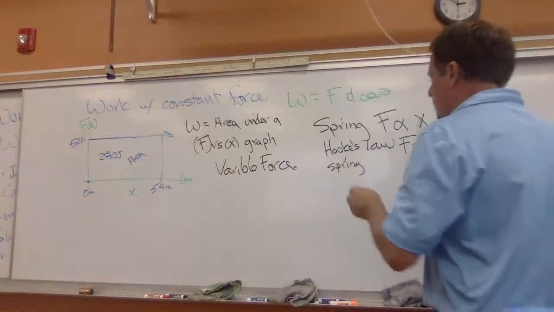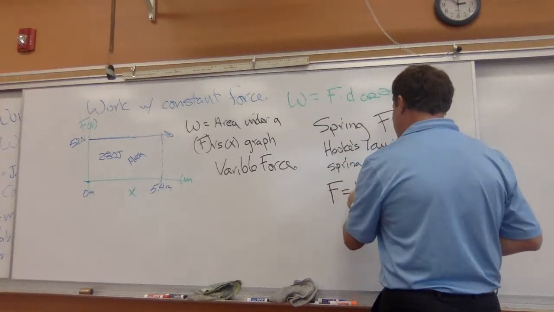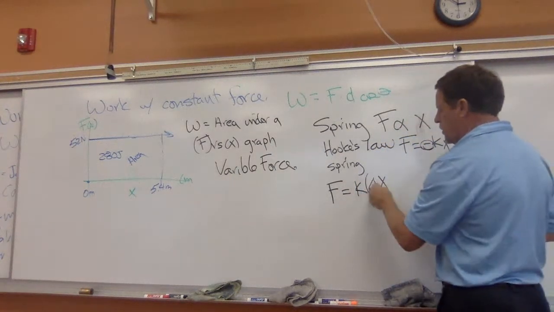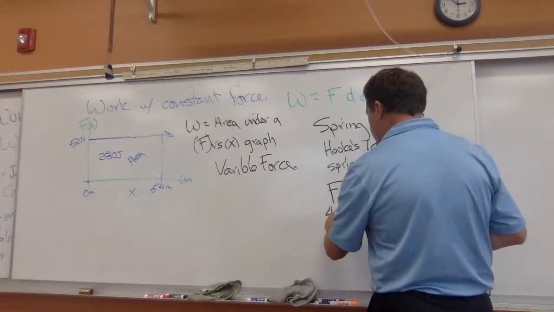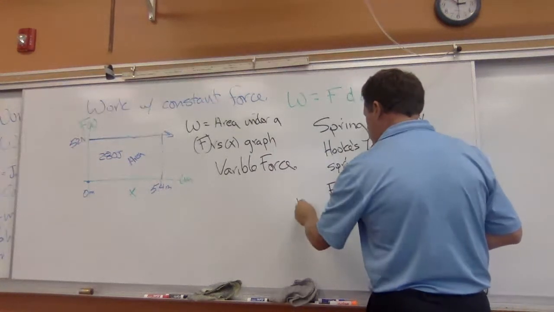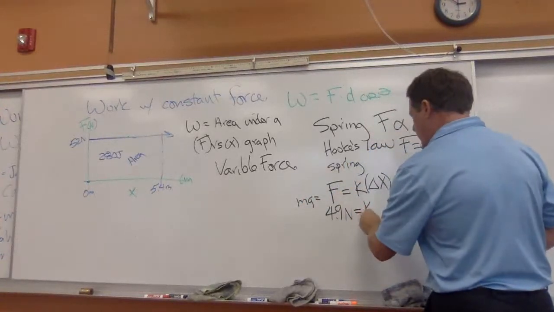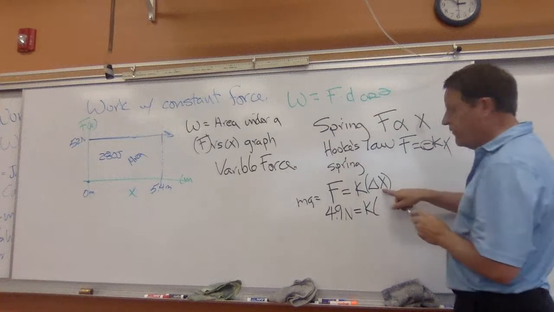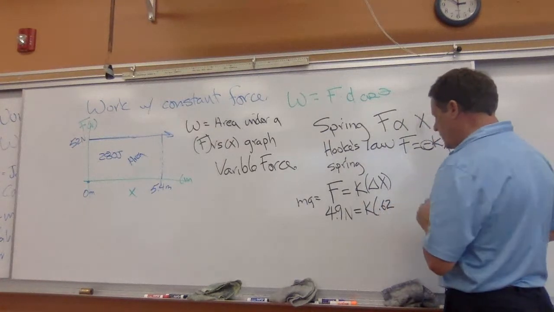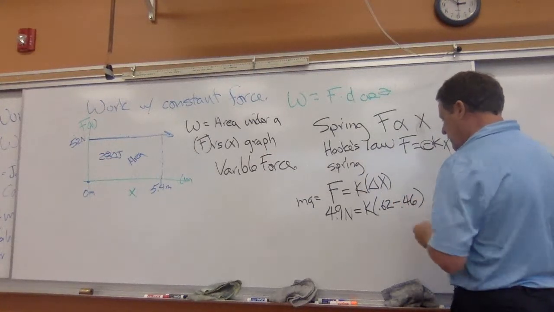So now we're going to say F is equal to k delta x. How much did it change by? We know our force is 4.9 newtons. Remember that was mg, and now we're going to have k, and now our final position was 0.62 meters minus 0.46 meters.